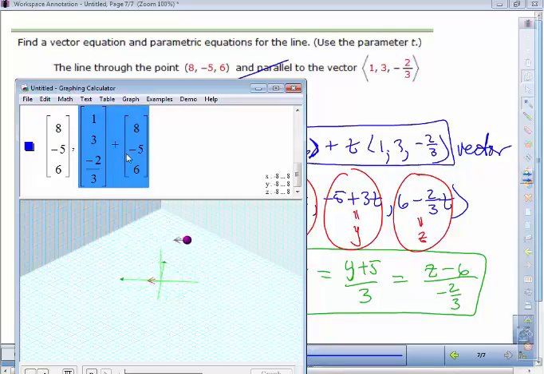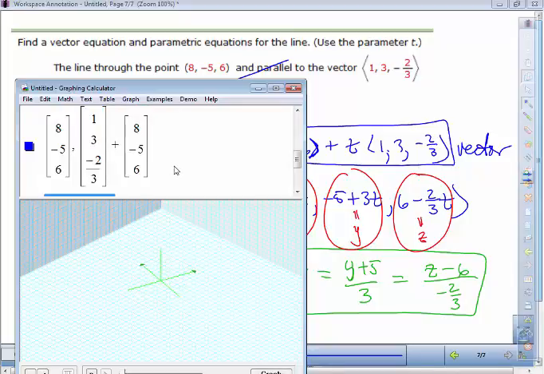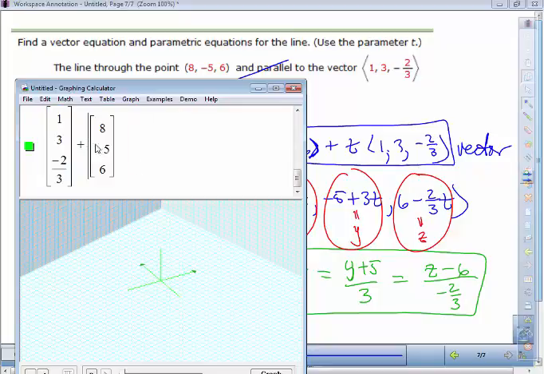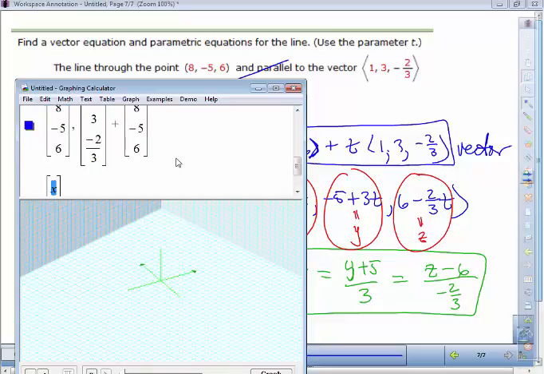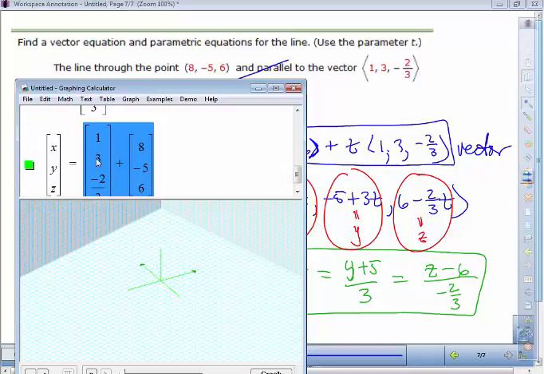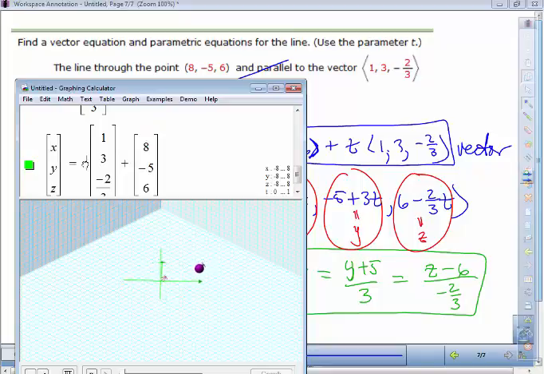So I'm just going to steal this, and I'm going to multiply this by t. Actually, I'm going to do this. It needs to be defined as an xyz equals this thing with a t in front of this. What if we make our t go negative?